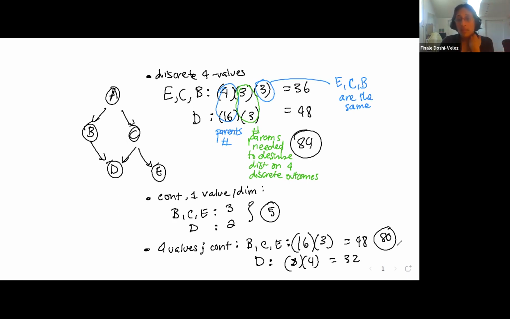Right. And so we end up with fewer parameters in both continuous cases, right? If you make this 4 continuous values, it's less. Even if you have it be scalars, discrete scalar versus continuous scalar, it ends up being less. Why is it less? Are continuous numbers somehow easier to deal with? No, it's less because these are linear. Linearity is a big assumption.